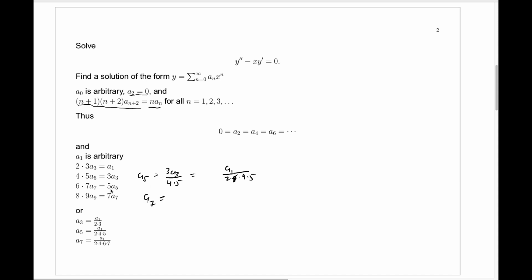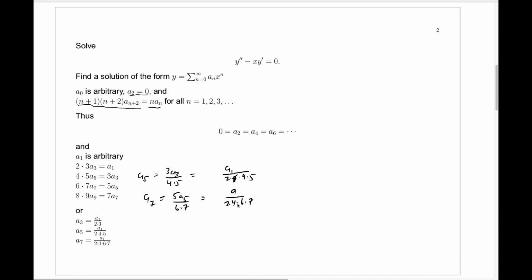a7 from this equation is 5a5 over 6 times 7. And what is 5a5? 5 times a5 cancels out the 5, so we have a1 over 2 times 4, and then we need the 6 times 7.